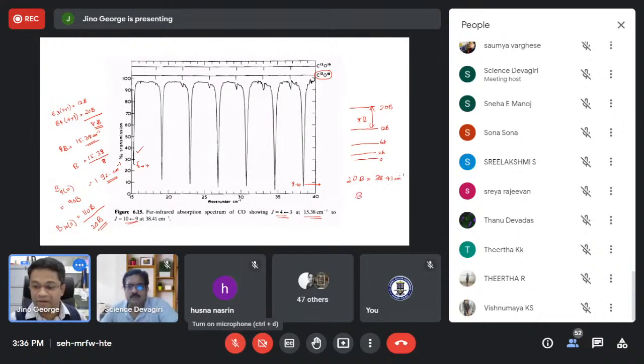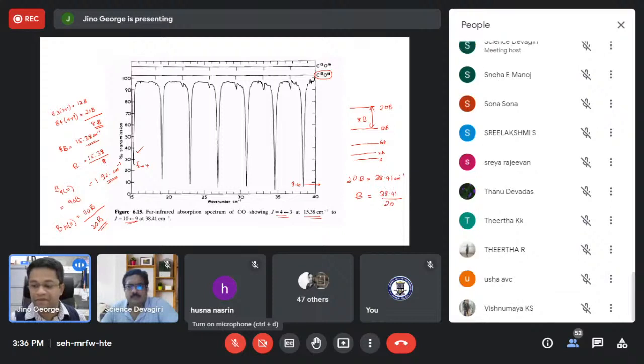So you will have B equal to 38.41 divided by 20. This is equivalent to approximately 1.920. So you see that the B extracted from any of these bands will give you approximately the same value.